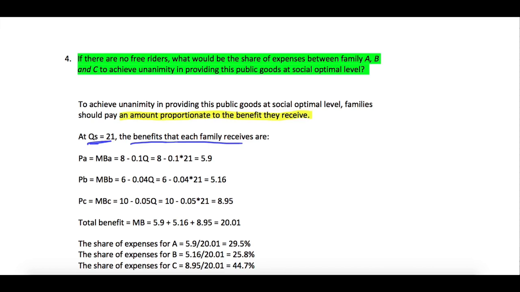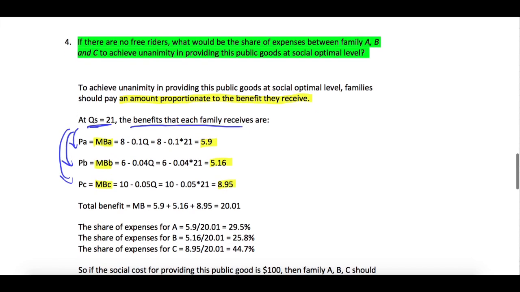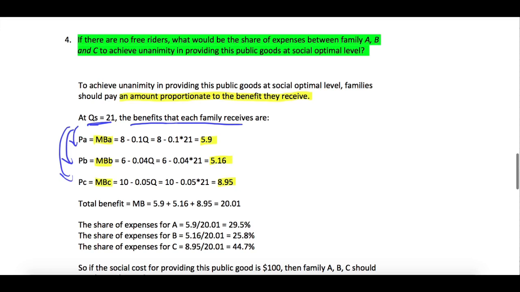So you just replace this value into each function. Then you get the marginal benefit for family A is 5.9, for family B equal to 5.16, for family C equal to 8.95.